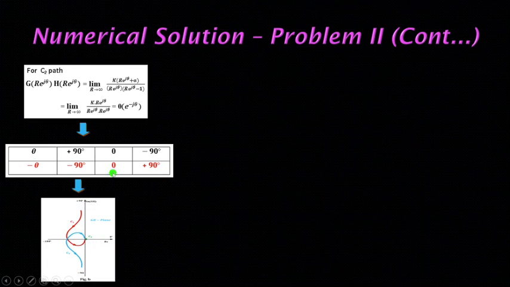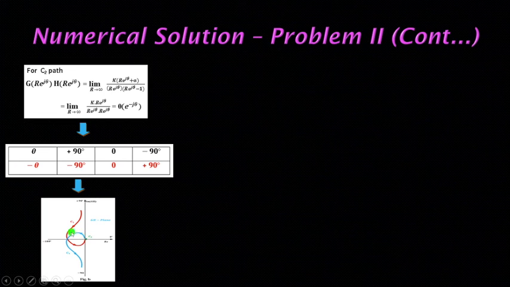Then draw the C2 path in the GH plane. The starting point is minus 90, then 0 to plus 90. So minus 90 to 0 to plus 90, that means the positive angle is increased. So the direction is anti-clockwise.